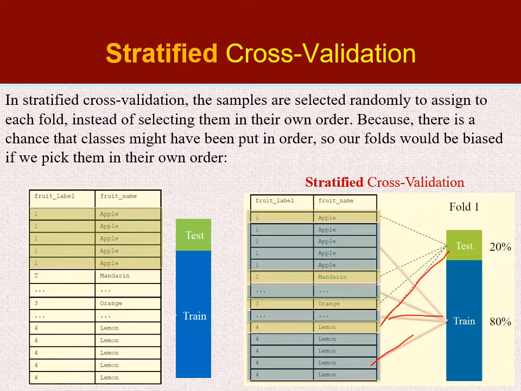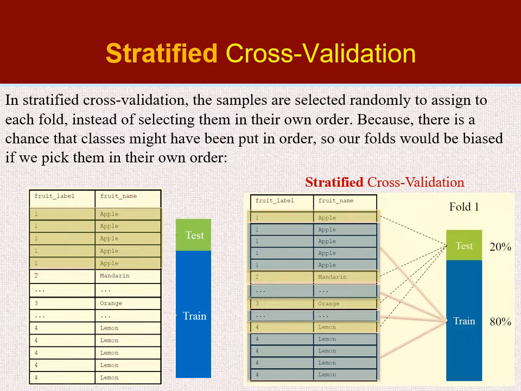So in this method, as you see here, our test data actually has seen apple, mandarin, orange, and lemon, all of them. And it means that we have educated our algorithm well. It's not biased.